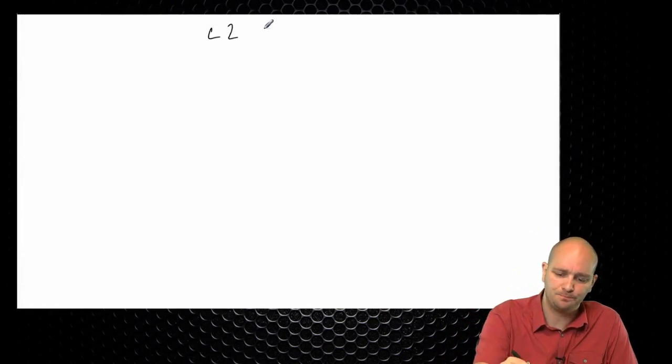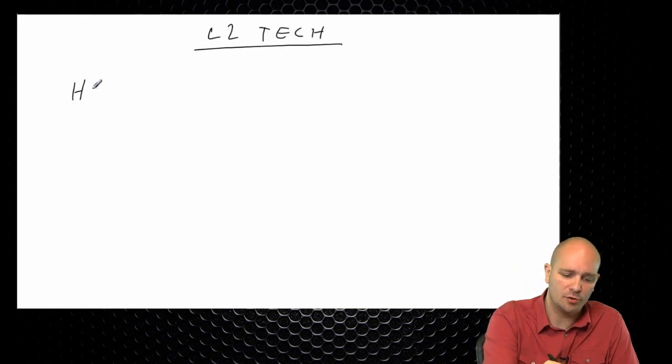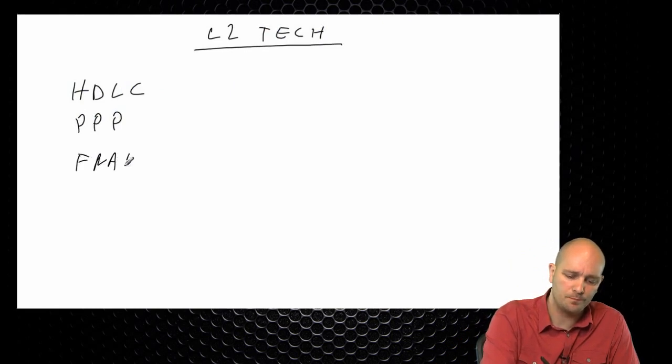We're going to talk about the layer 2 technologies that pertain to the CCIE lab. When it comes to the layer 2 technologies in the lab, what you need to know is, of course, Cisco's HDLC. You need to know PPP. You need to know Frame Relay.